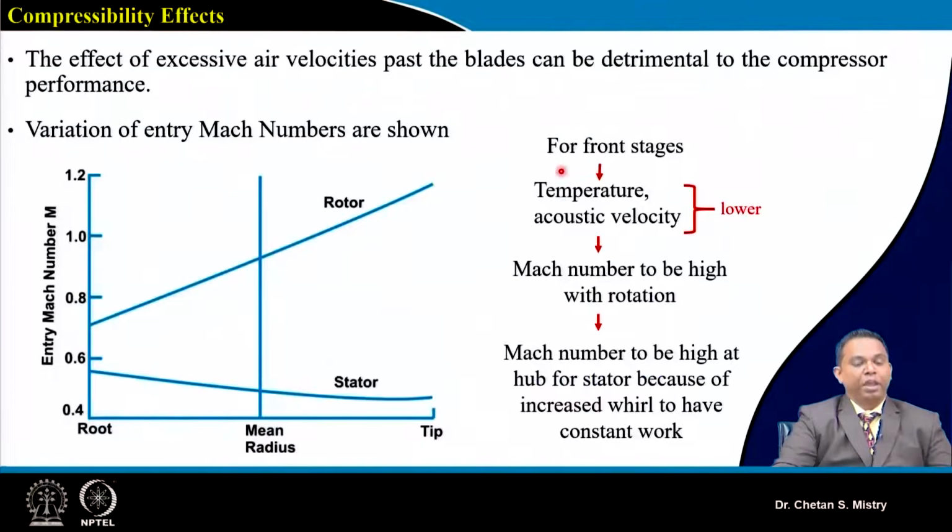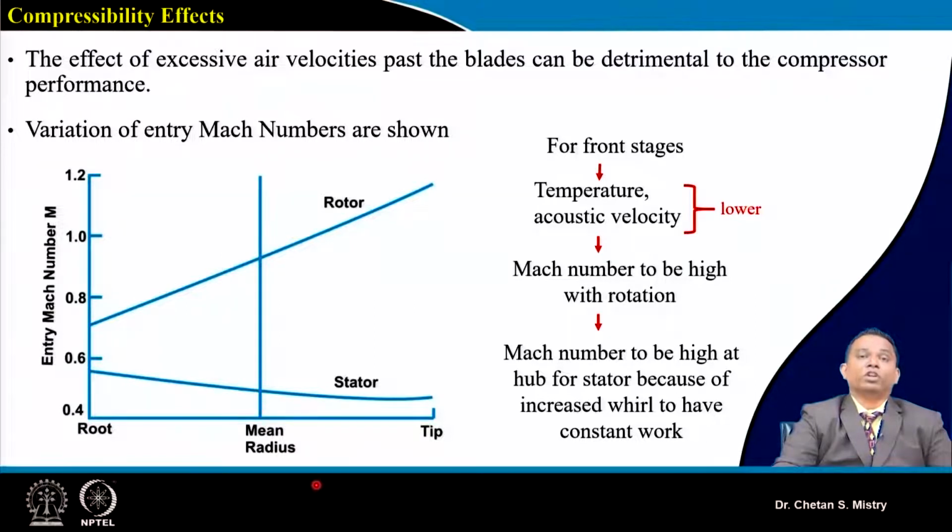Okay. Now, as we have discussed, my flow is entering inside my fan. For the front stages we have our temperature lower, and that leads to my Mach number being higher. Okay, and that gives my flow to be supersonic in that particular region. This represents the entry Mach number for the rotor as well as for the stator.